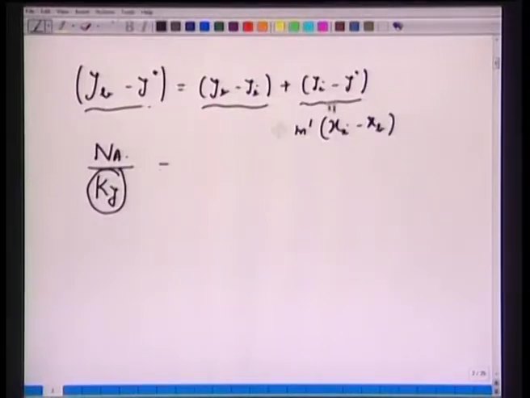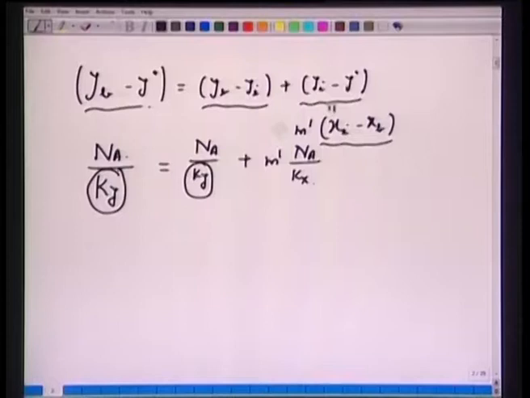Recall the previous lecture, where we had this. Similarly, we can write YB minus YI as NA over small ky, the individual film mass transfer coefficient, plus M dash times XI minus XB, which we can again write as NA over small kx, the film mass transfer coefficient in the liquid phase.